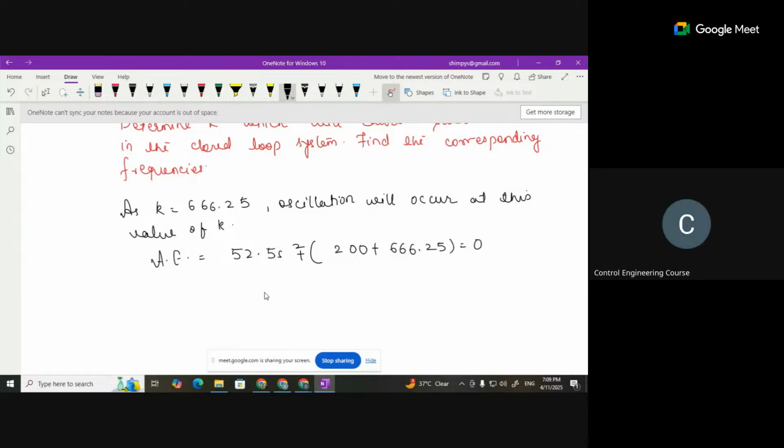And now in place of s, I'm writing j omega, so 52.5 j omega square plus 866.25 equals 0. So find out the value of omega, how much it comes out to be.